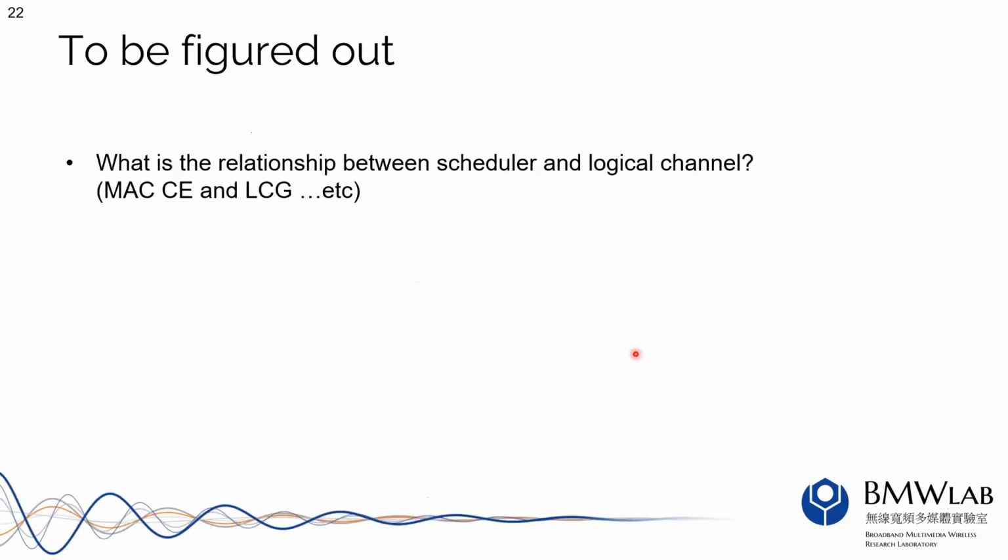You want to know that your scheduler actually needs to do common channel scheduling and dedicated channel scheduling. Dedicated channel scheduling is related to the UE. For each UE, they have many logical channels. So if you want to know the relationship between scheduler and the logical channel, you can check.